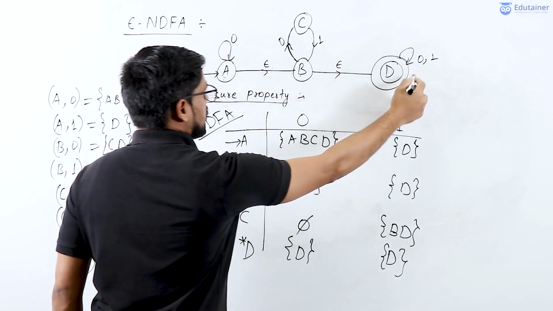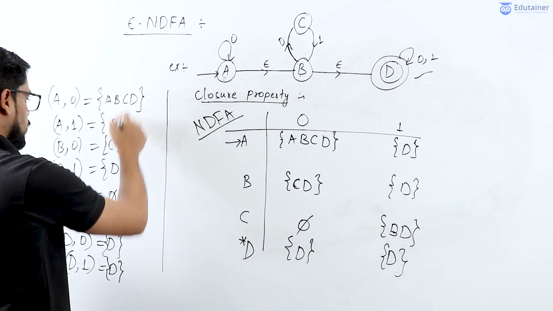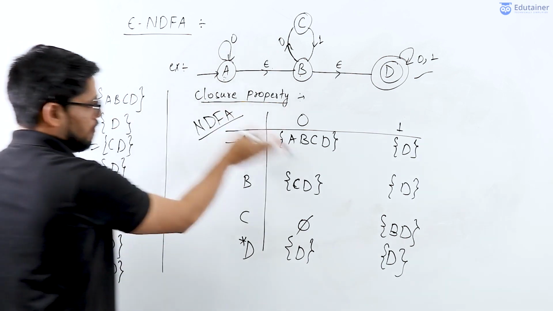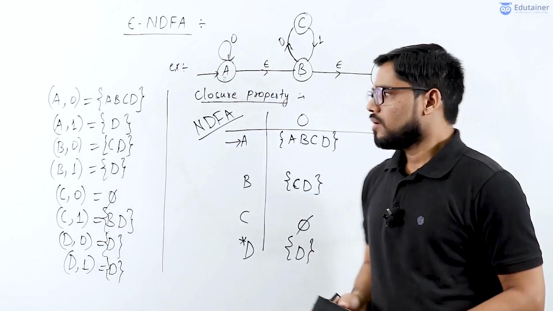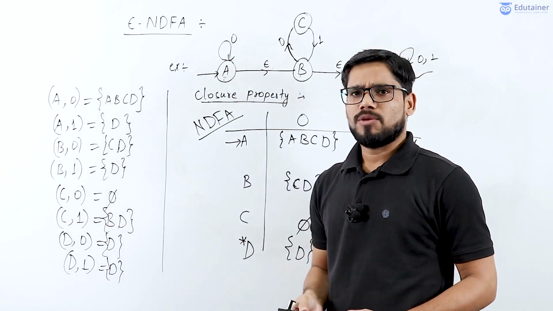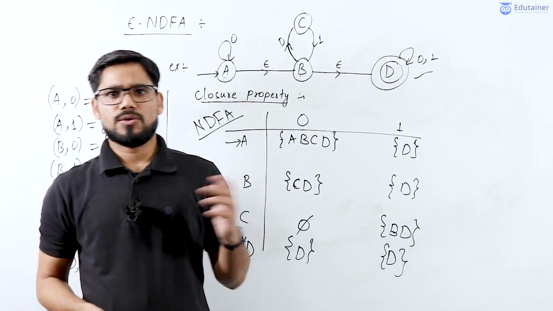This was the epsilon NDFA. I used the closure property to convert it into an NDFA and made the transition table of the NDFA. In the next video, we will take one more example to convert an epsilon NDFA into an NDFA.